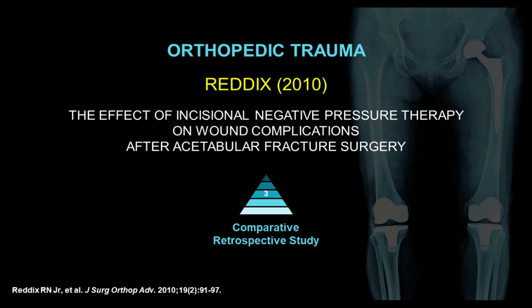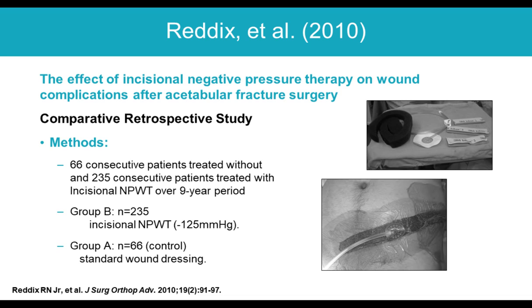I've already shown one. But this is one published in 2010, looking at patients who underwent surgery at Wake Forest University for acetabular fractures. They looked retrospectively at a 9-year period of about 300 patients who had acetabular fracture surgery. The majority of these were treated with negative pressure dressings, believe it or not, over this time.